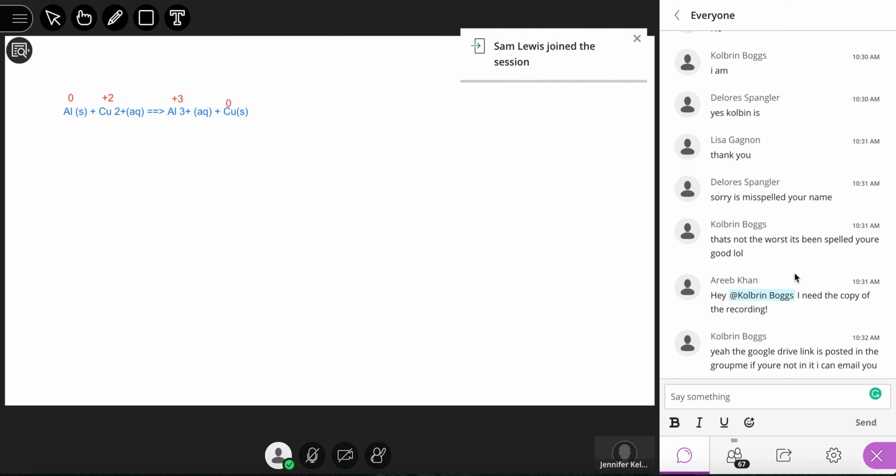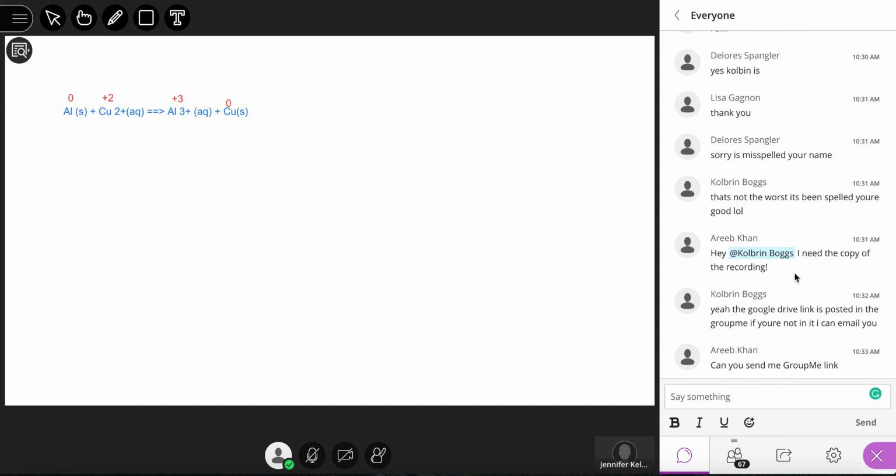So now we want to check and make sure it's an oxidation reduction reaction. So we want to check and see whether or not the oxidation number changes when we go from one side to the other. And it does in both cases, because the aluminum is 0 on the left, but on the right it's plus 3.